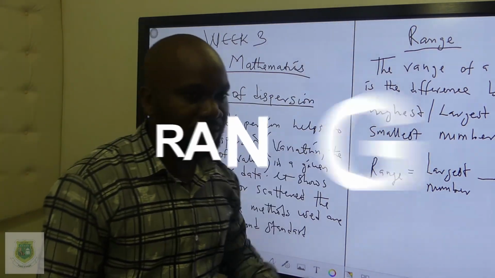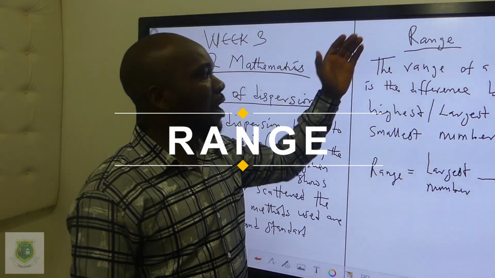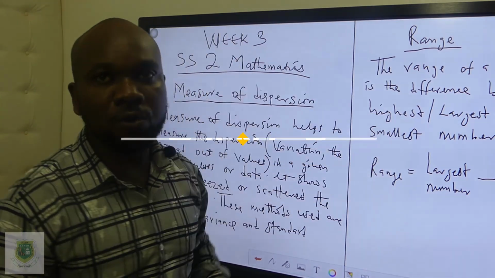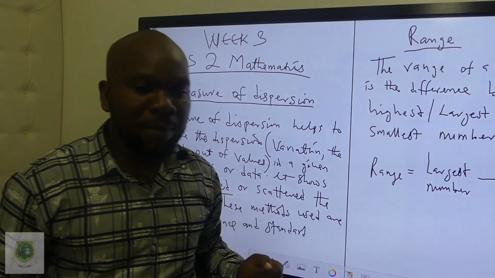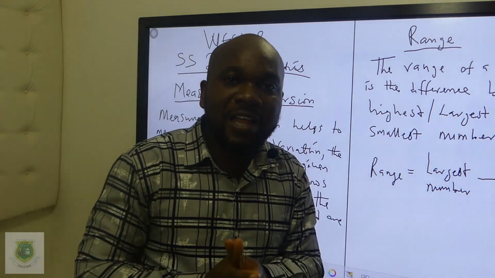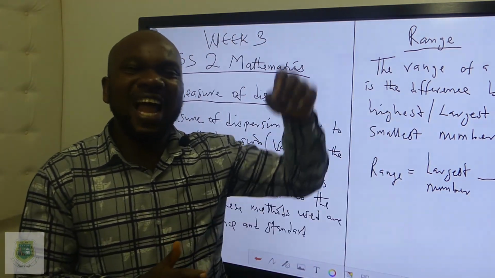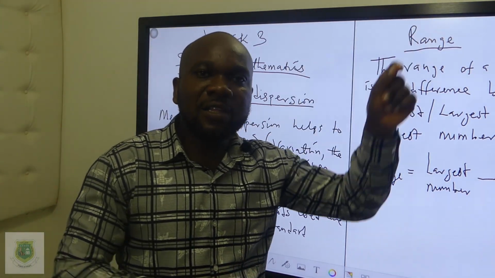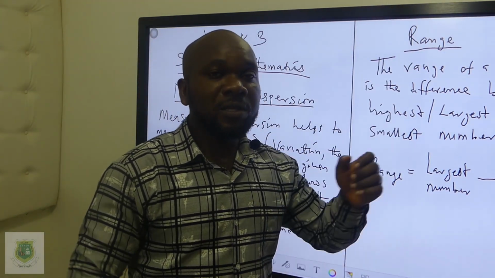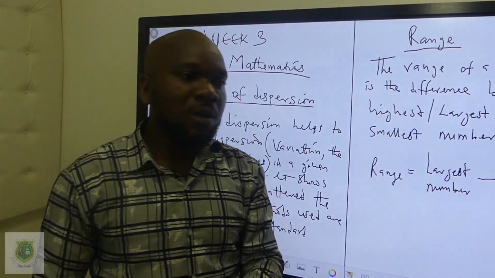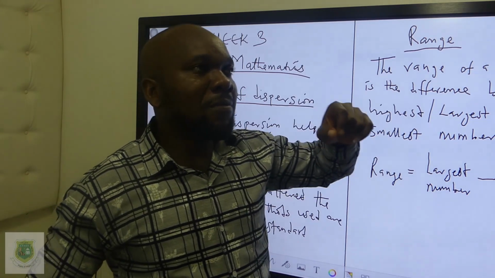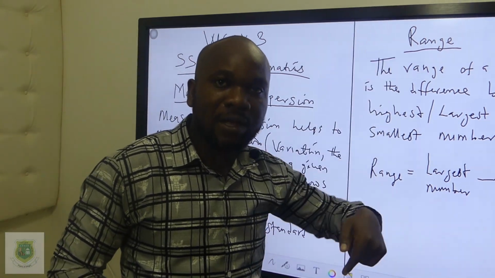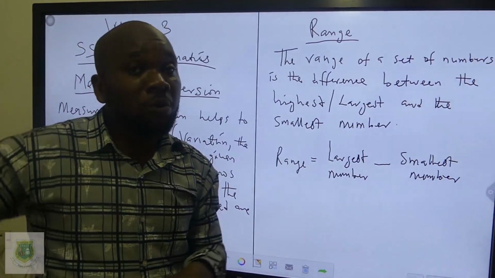So what is range? This is what we have been hearing from our primary school. The range of a number is defined as the difference between the highest number and the lowest, where difference means subtraction: the highest or the largest number minus the lowest or the smallest number.